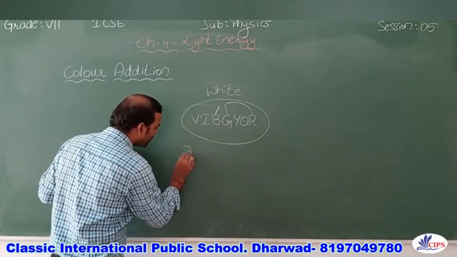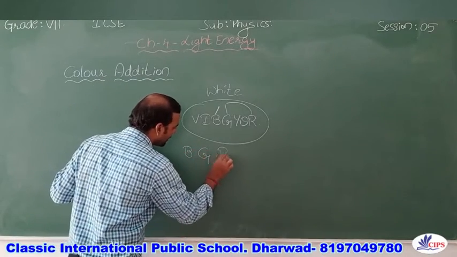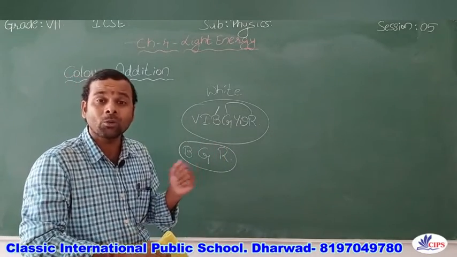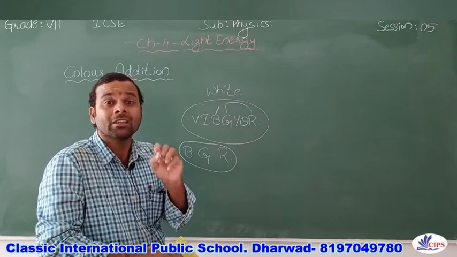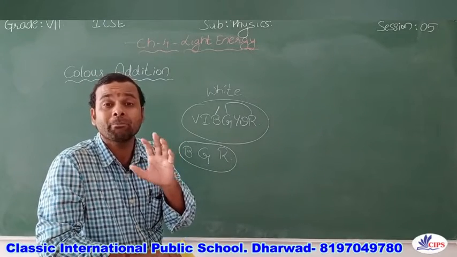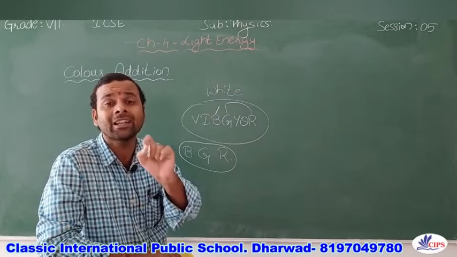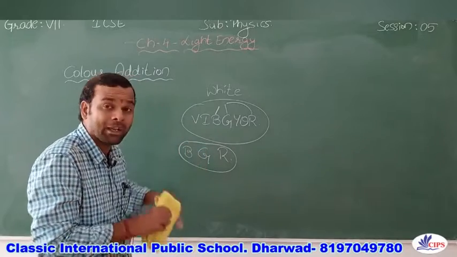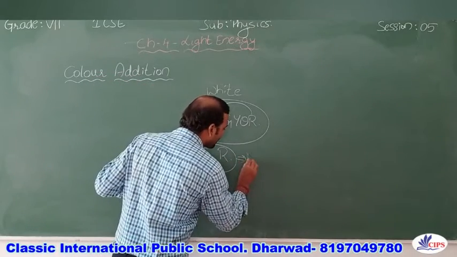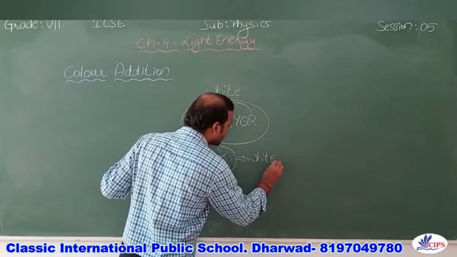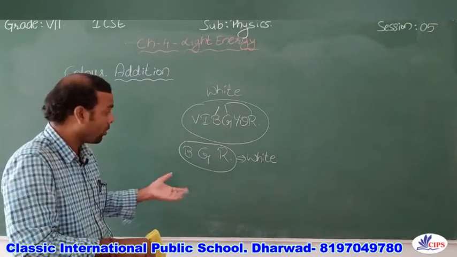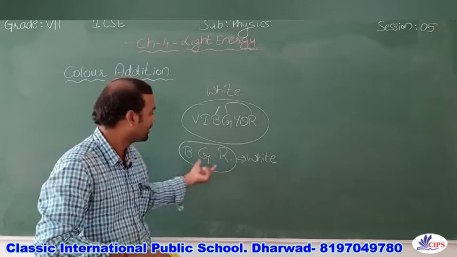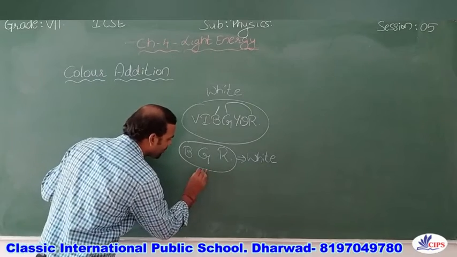These 3 combined together form the white light, provided the degree of intensity is maintained. A proper intensity should be maintained for these 3 lights, and when combined together, this gives the white light again. When only these 3 combined together give the white light, they are known to be the primary colors.